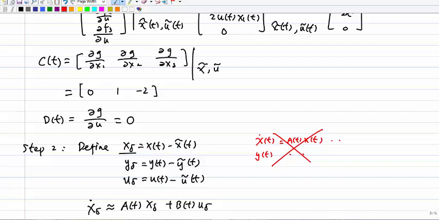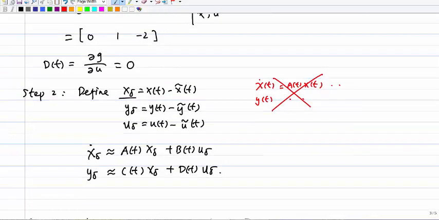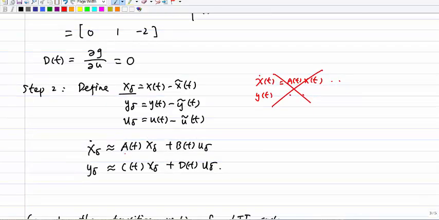U delta is u(t) minus u tilde(t). If you do that, we have x delta dot approximately equal to A(t) x delta plus B(t) u delta. Y delta is C(t) x delta plus D(t) u delta. Okay, so that's the delta change that will satisfy the linear time varying system. It's not the original system.